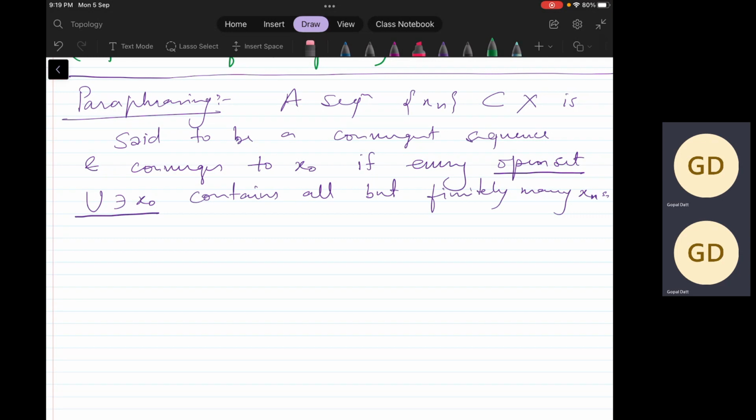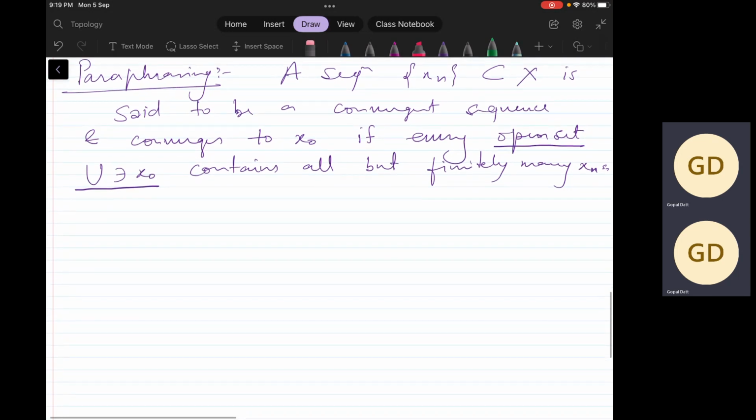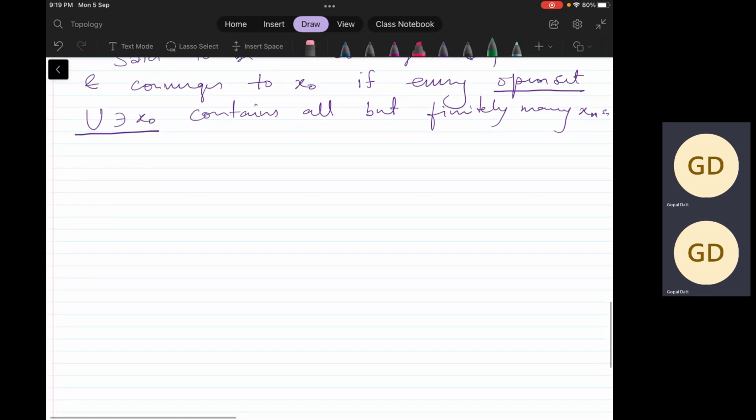Similarly, we can paraphrase the definition of continuous functions.